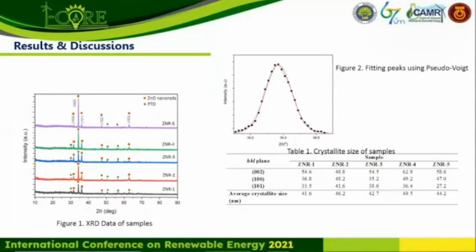Furthermore, the crystallite size is calculated using the Scherrer equation, and for the process of fitting the peak, we use pseudo-Voigt functions. And the crystallite size of the crystal obtained on each HKL of 002, 100, and 101 planes were written in table 1.